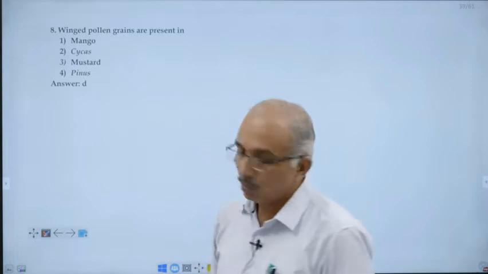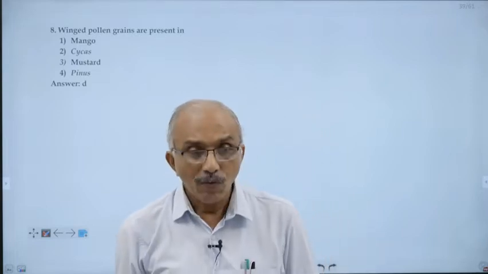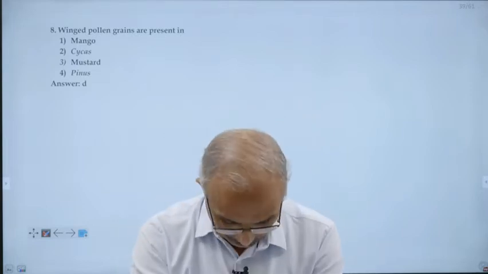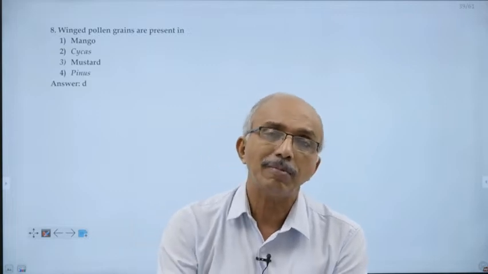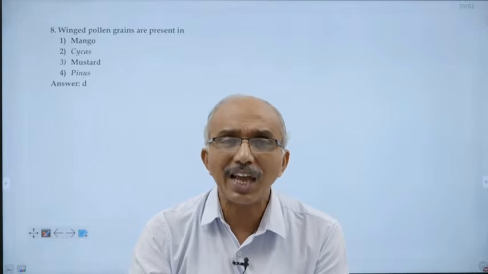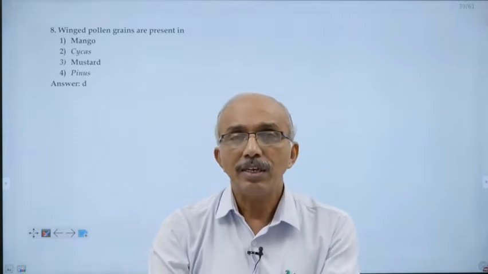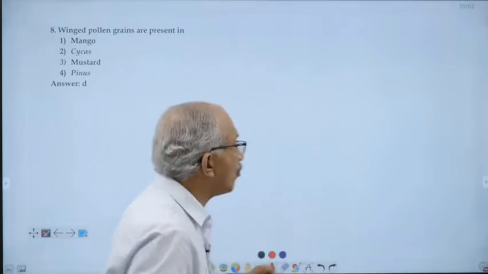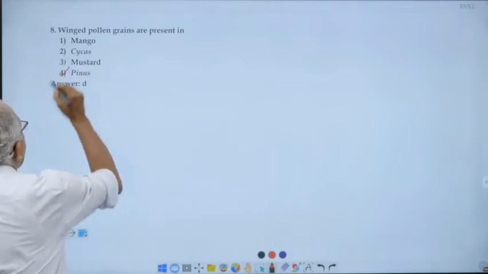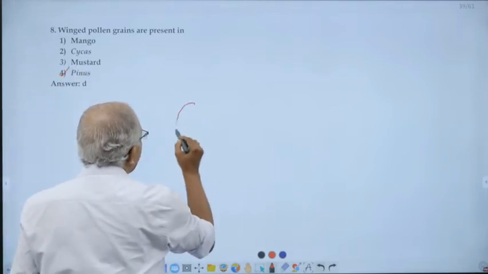Next question. Question number 8. Winged pollen grains are present in. Winged pollen grains means pollen grains having wings. This type of pollen grain is found in pinus.